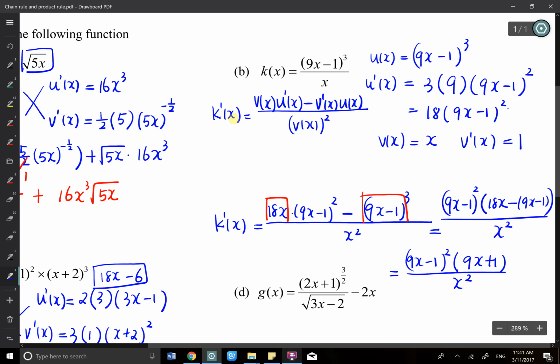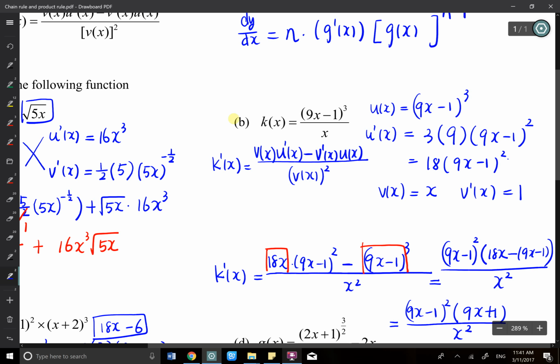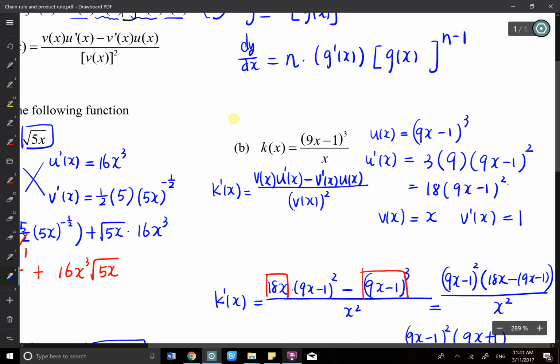Otherwise, let's have a think about what we should do. What we could do is expand that one. For example, 9 to the power 3, x to the power 3, minus 3a squared b, so 3 times 81 x squared times 1, and plus 3ab squared, which is 1, and then minus 1 cubed. And then divide by x. So we will just derive them.